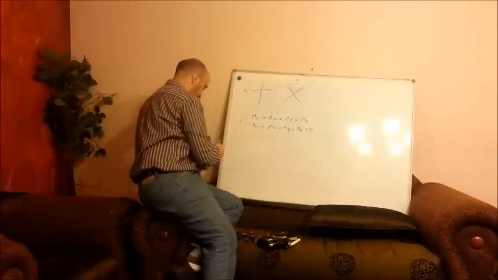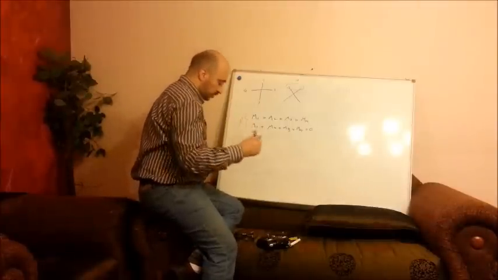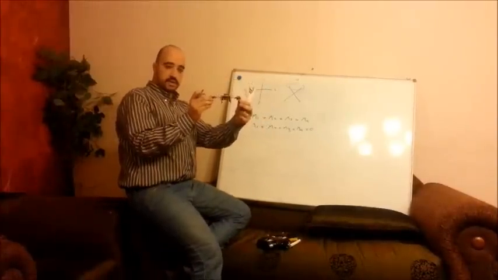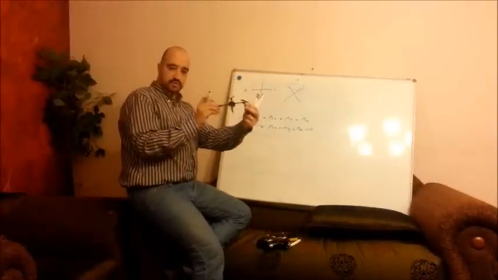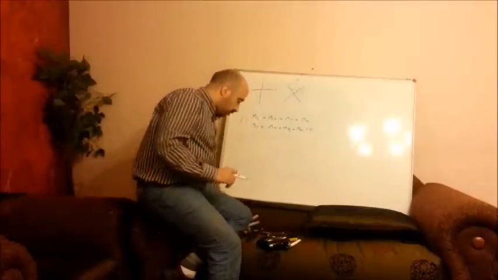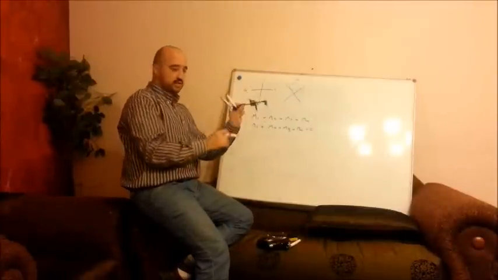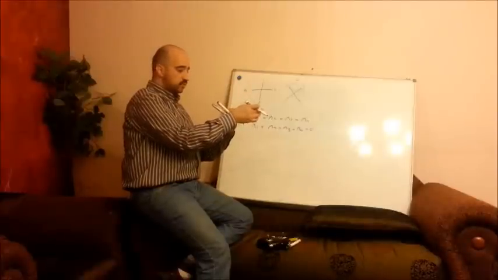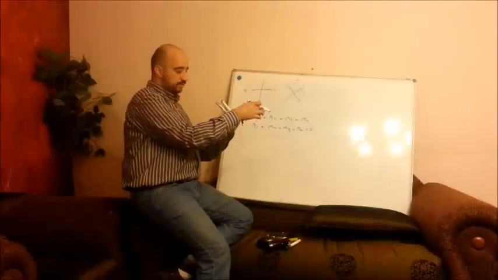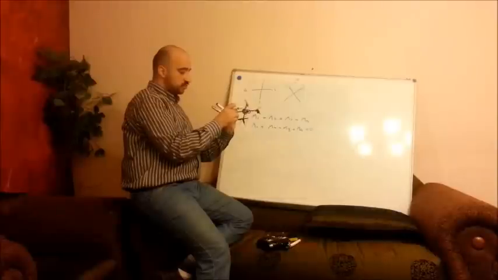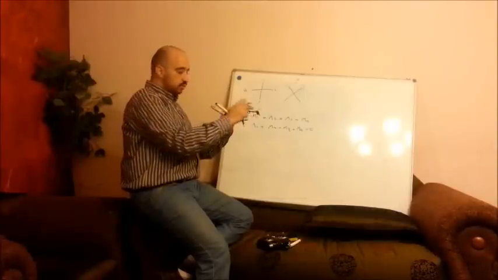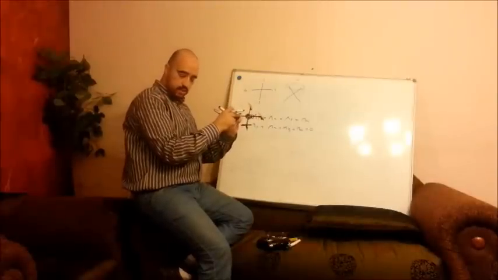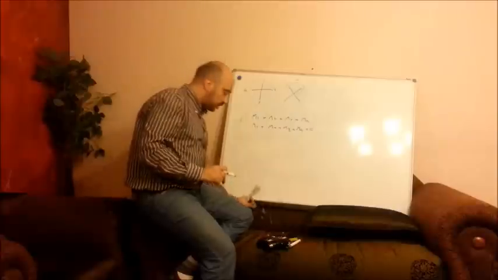The second rule is for balancing the quad either left and right, or front and rear. We use two motors on the same axis. We will find that this motor, for example, rotates anti-clockwise, and this motor rotates anti-clockwise. So motors on the same axis rotate in the same direction.